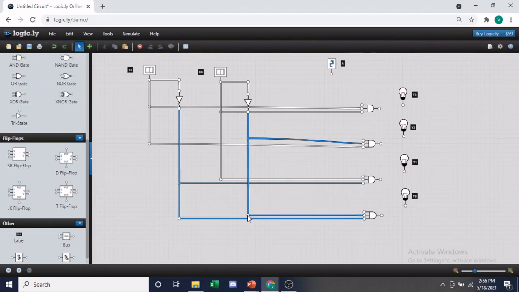And finally, the clock pulse is added everywhere: for the first input, for the second input, for the third input, so in all the cases we give it.